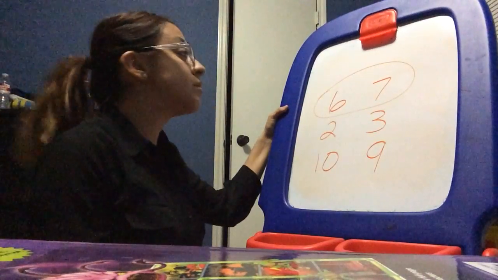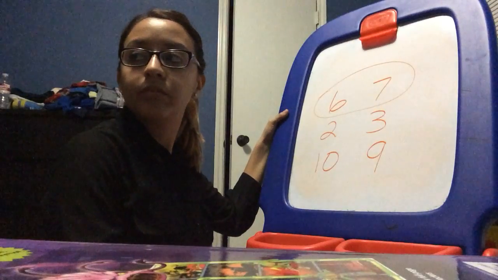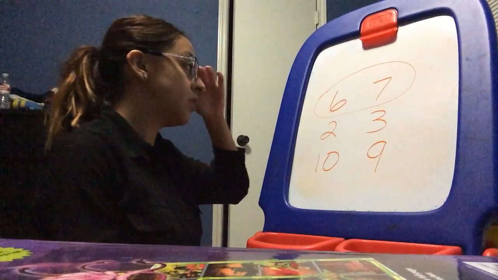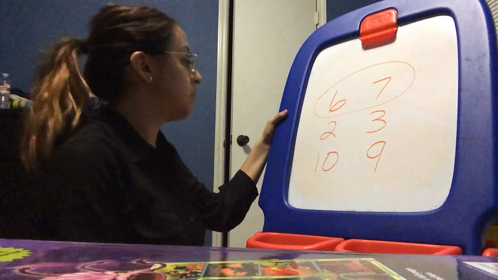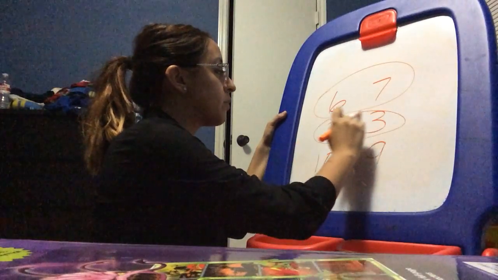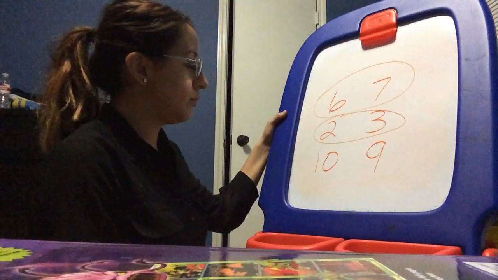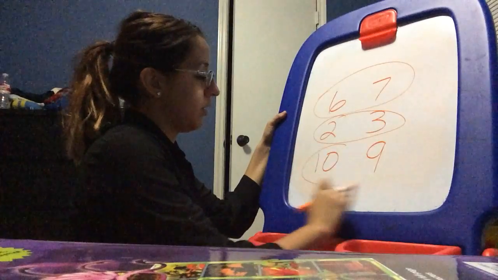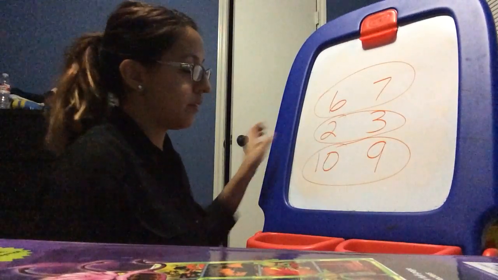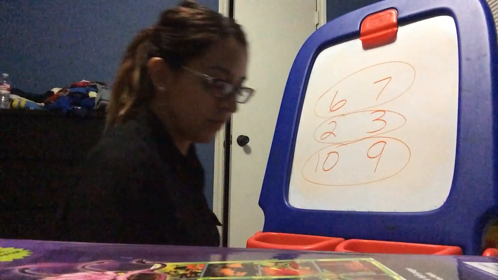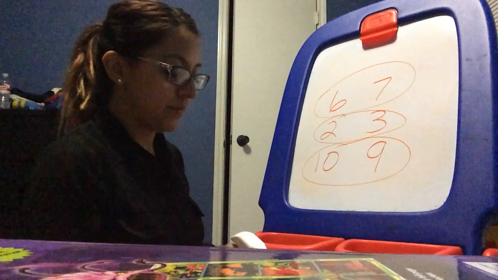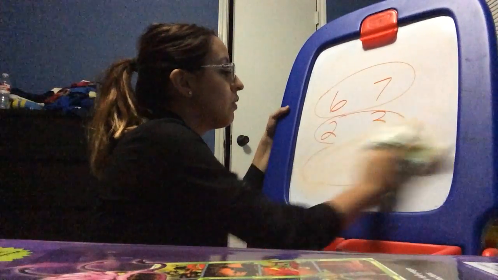Which number is bigger from 6 and 7? 7 is bigger than 6. 7 is bigger. What about 2 and 3? Which number is bigger? 3 is bigger than 2. Good. What about 10 and 9? 10 is bigger than 9. Good. Now let's see if you can tell me which numbers are smaller.